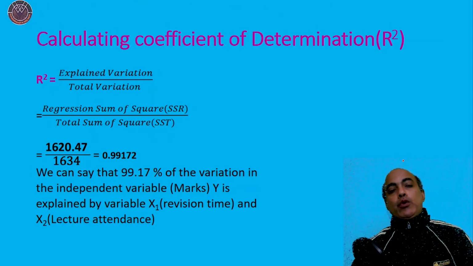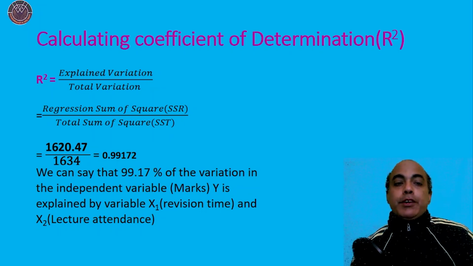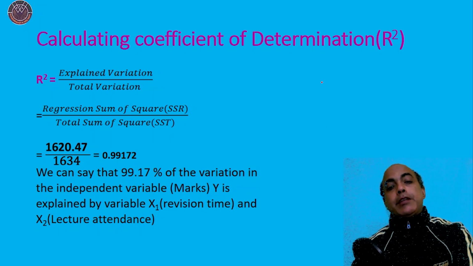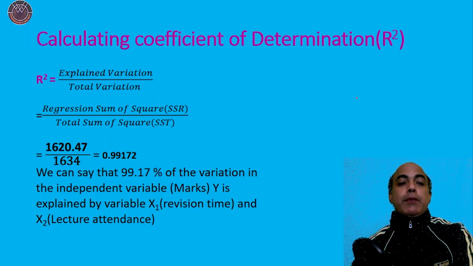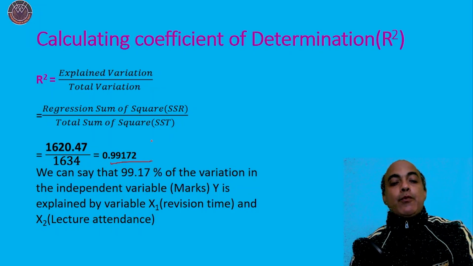Now, as I told you, we have to calculate the coefficient of determination, which is given by explained variance by the total variance, or the regression sum of squares by the total sum of squares. So if you substitute the values, we will get this value as 0.99172.